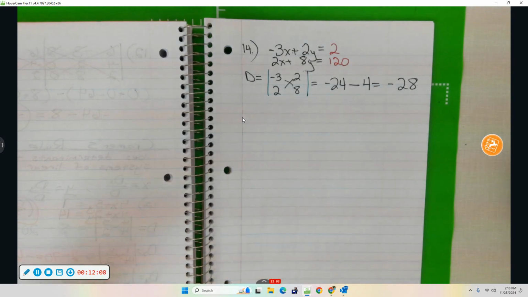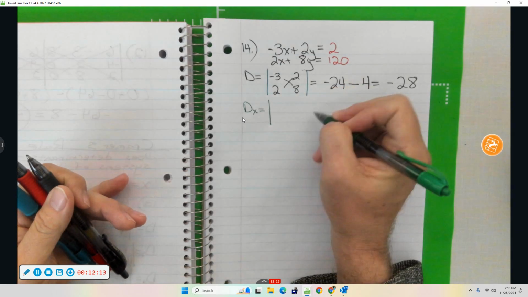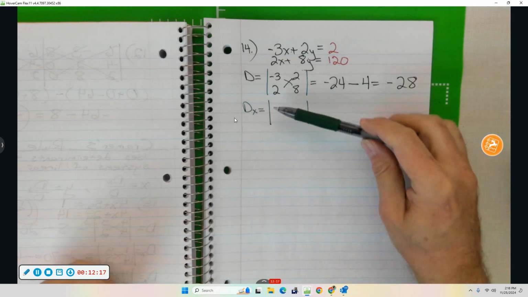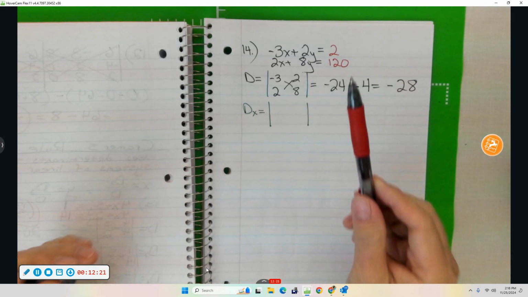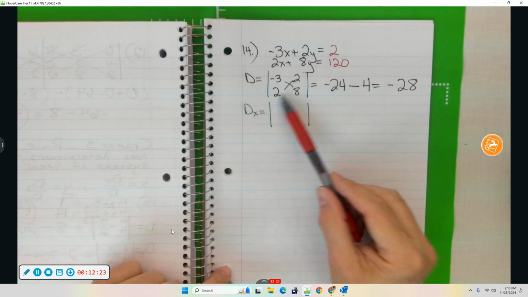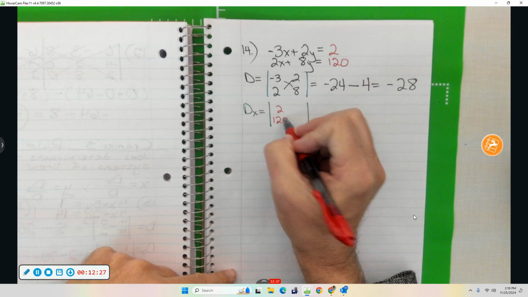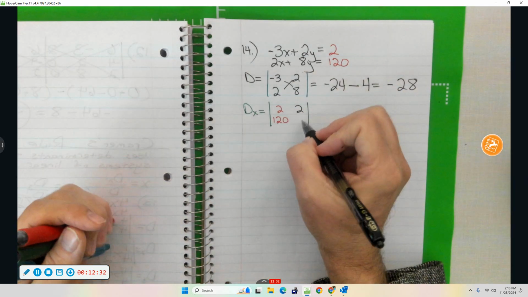We then find d sub x. What numbers am I going to write right here? 2 and 120. We're replacing the x column with the column of constants. 2 and 120. The y column stays 2 and 8.